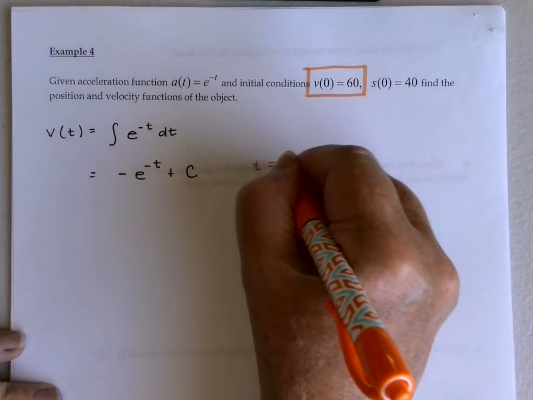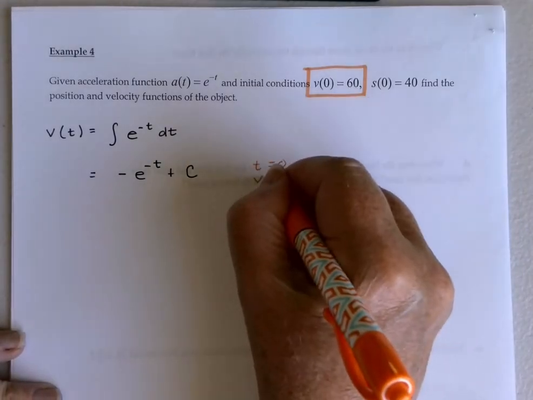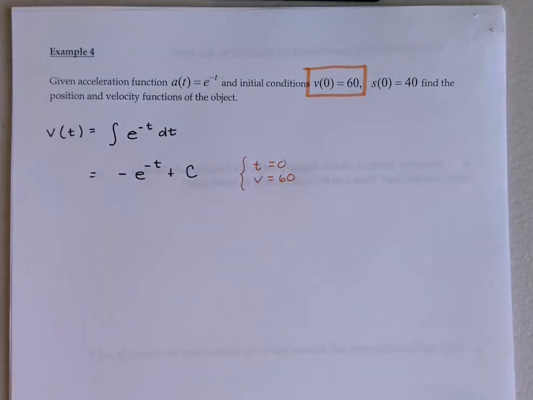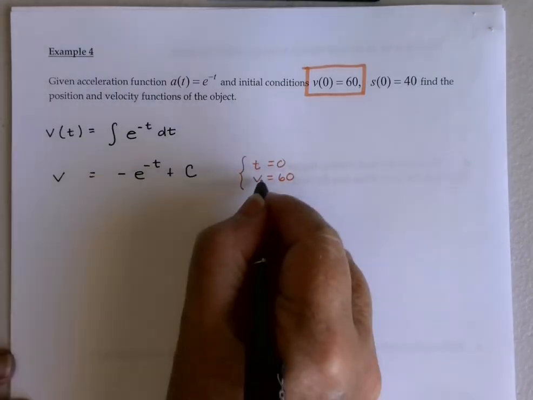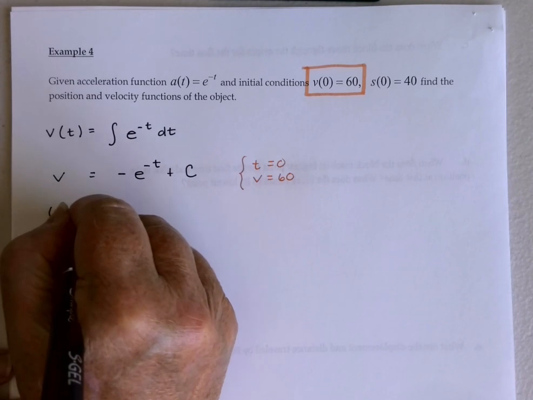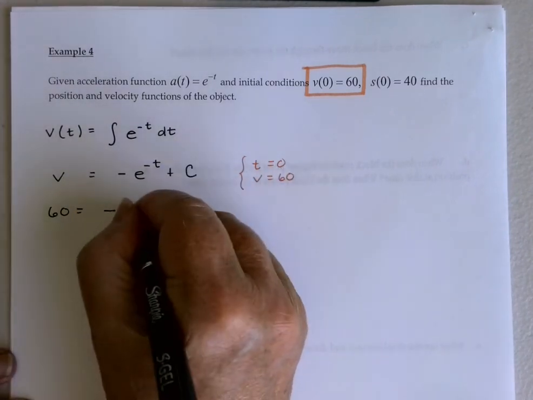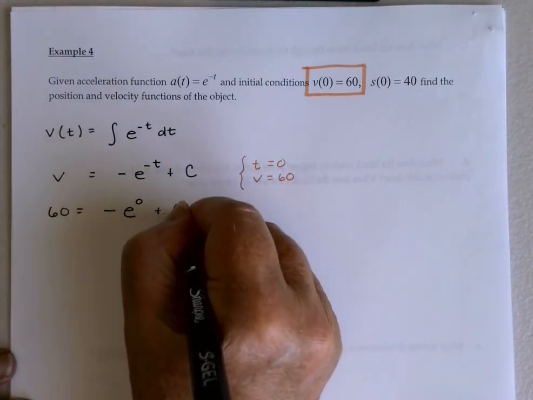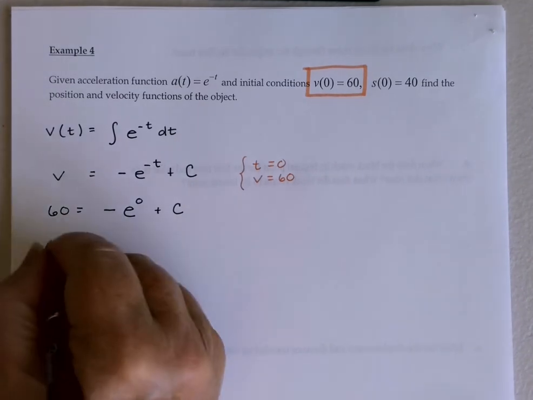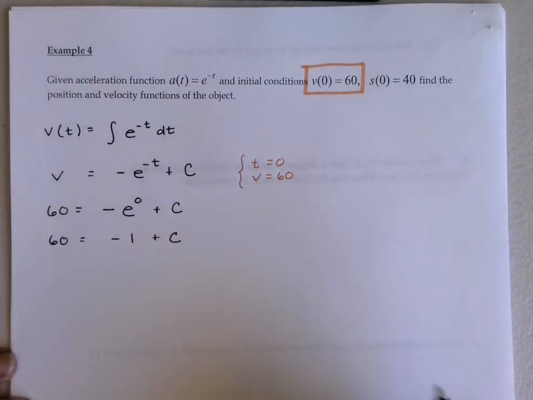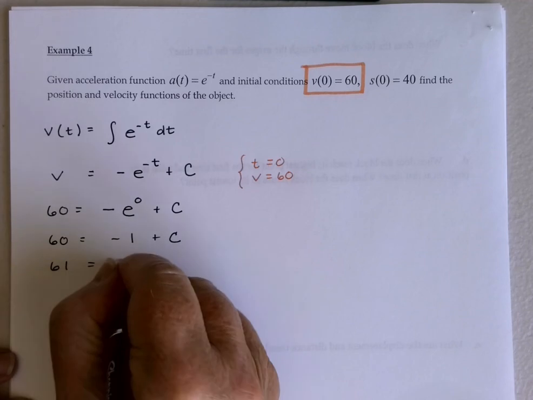At time 0, velocity is supposed to be 60. So if I put 60 in for v, and 0 in for t, I can see that 60 is equal to -1 plus c, or c is 61.